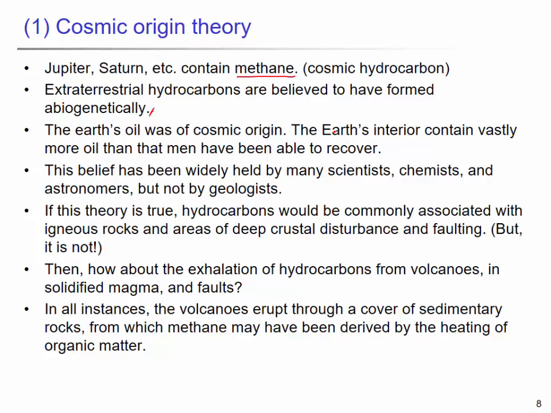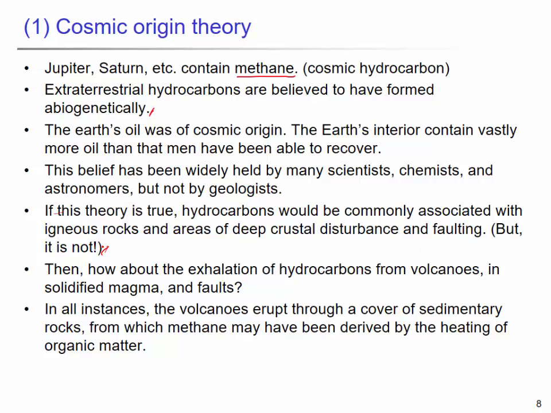So the Earth's interior contains vastly more oil than man has been able to recover, and this belief has been widely held by many scientists, chemists, and astronomers, but not by geologists. Because if this theory is true, hydrocarbon will be commonly associated with igneous rock and areas of deep crustal disturbance and faulting, but it's not.